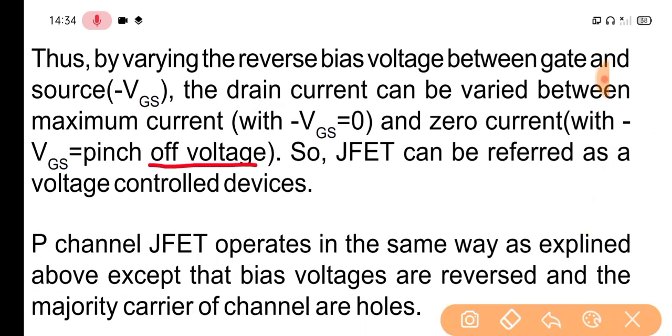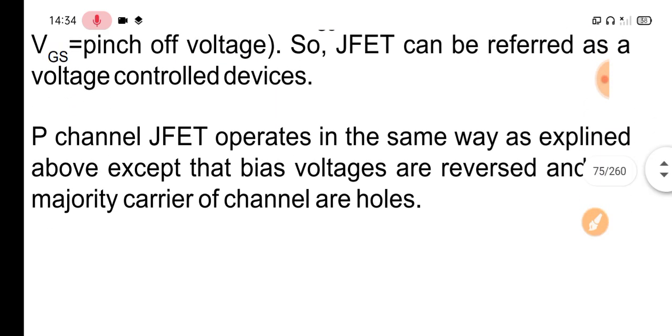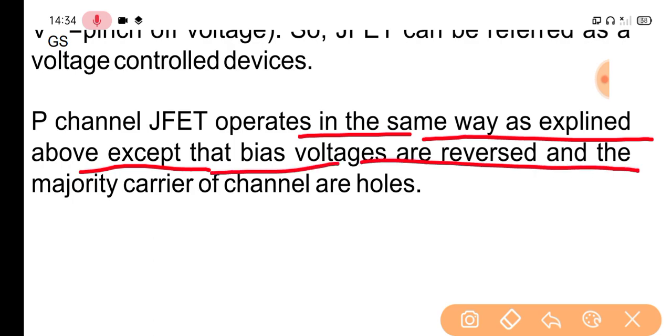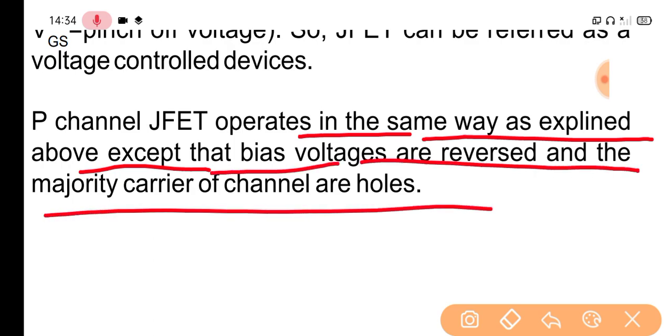So JFET can be referred to as a voltage controlled device. P-channel JFET operates in the same way as explained above, except that bias voltages are reversed and the majority carriers of the channel are holes.